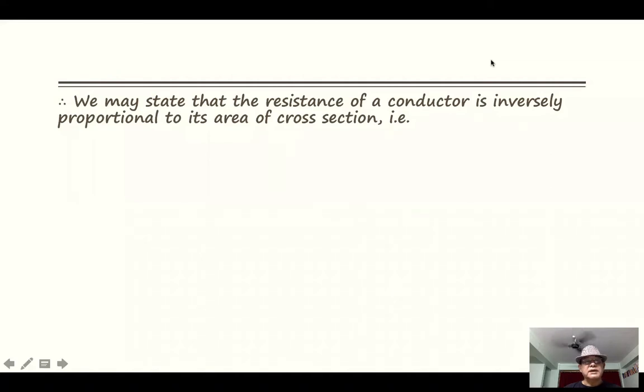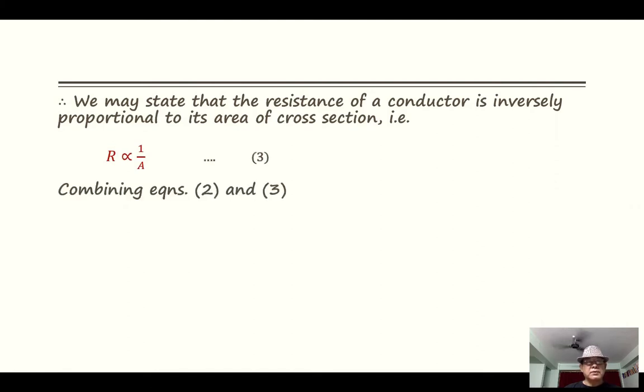Therefore, we may state that the resistance of a conductor is inversely proportional to its area of cross-section. That is, R proportional to 1 by A. This is equation 3. Combining equations 2 and 3, R proportional to L by A.